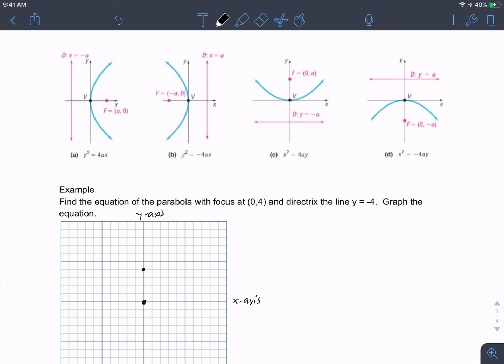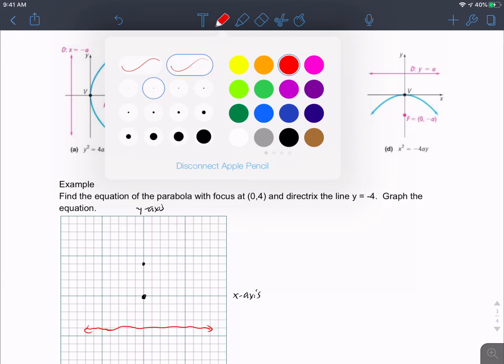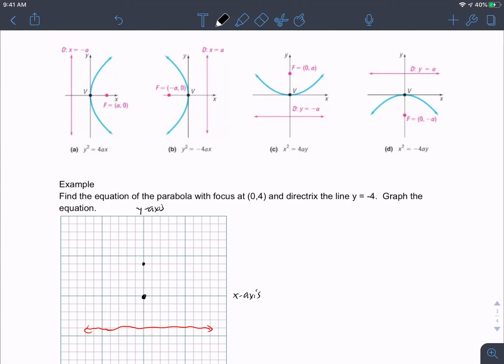Now from here, using this information, we also know that the directrix is at negative 4a, or y is equal to negative 4, and so that's what our directrix is going to be.